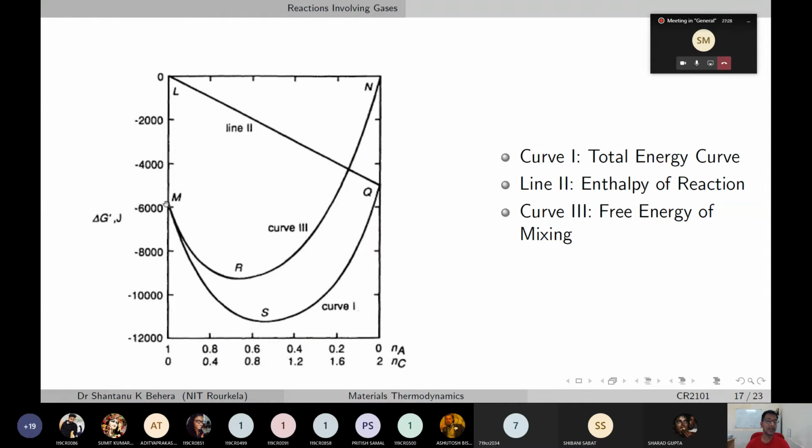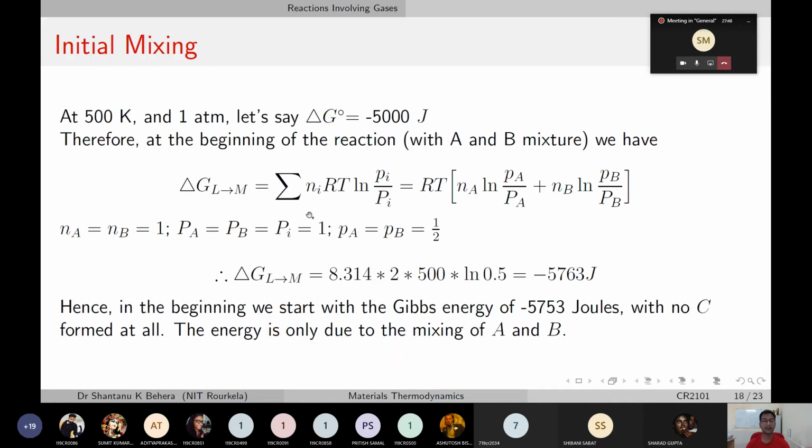L to M, A and B would be mixed. And A and B would be mixed in what proportion? In a proportion of 1:1. And what will be the free energy change in a gaseous mixture, not considering any reaction, but just the mixture itself? 1:1 would be written as the sum of Ni RT ln Pi by capital Pi, which is the total pressure.